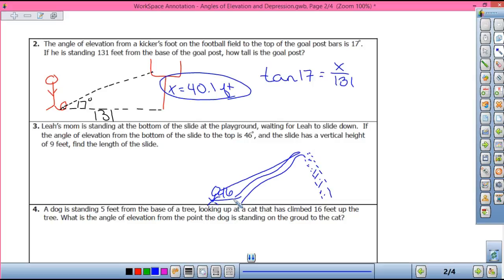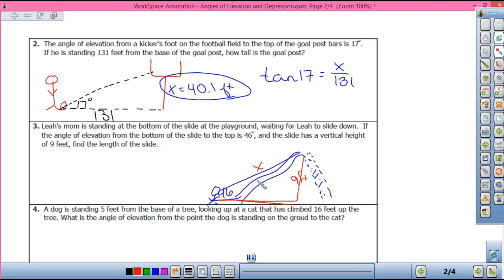It says the slide has a vertical height of 9 feet. Vertical height, so what is that? From top to bottom, not the hypotenuse, but from top to bottom, because vertical is up and down, is 9 feet. And they want the length of the slide. The length of the slide is going to be my hypotenuse. So x.